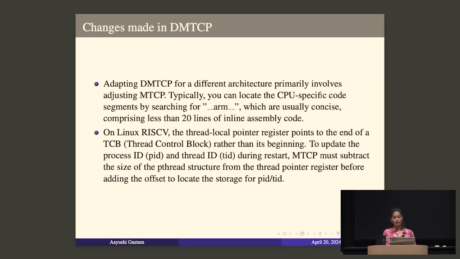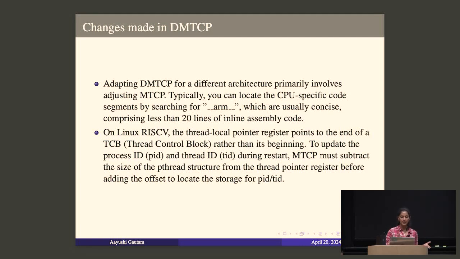However, on RISC-V there is a notable difference in how thread local pointer registers behave compared to other architectures. It points to the end of the TCB rather than the beginning, and this requires a specific adjustment in MTCP's logic when updating process IDs and thread IDs during restart.